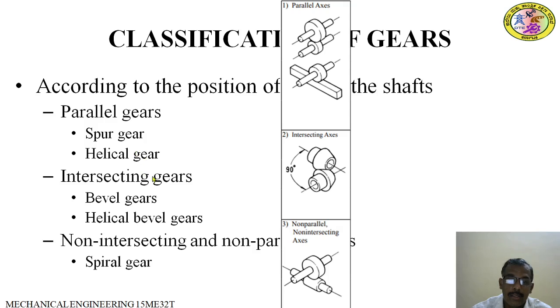Now, a little detail on intersecting gears. Intersecting gears means the axes of rotation are going to meet at some particular point, the intersecting point. If I extend the axis of rotation of this one and of this one, one along the x-axis and one along the y-axis, they meet at some point. They are perpendicular to each other, 90 degrees.